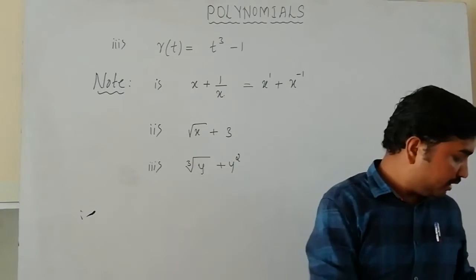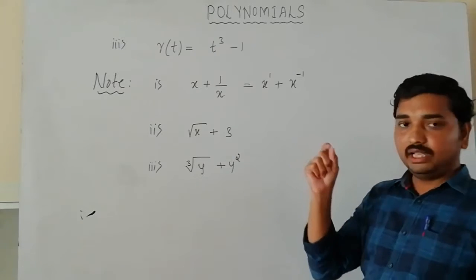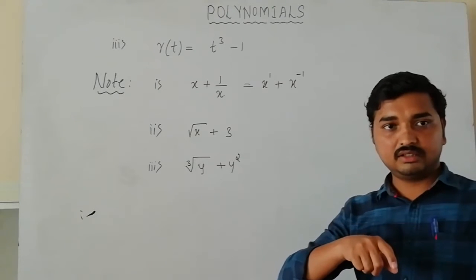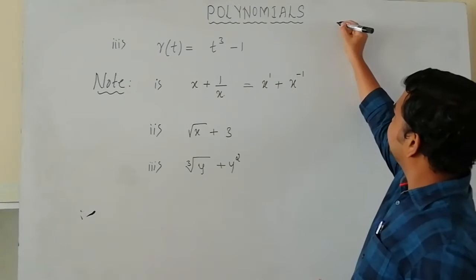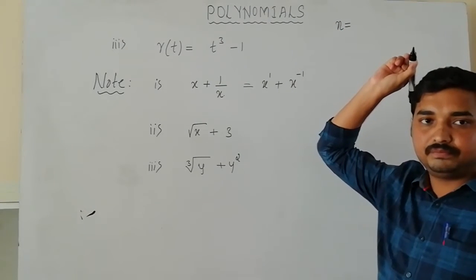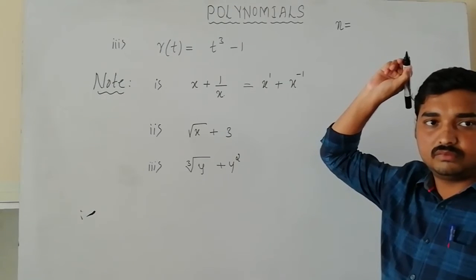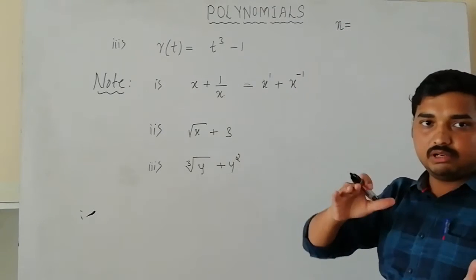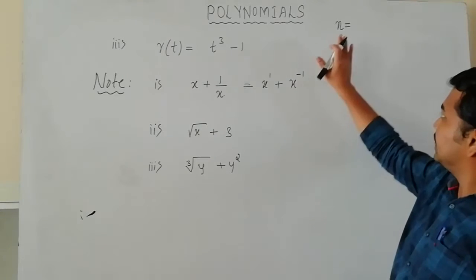So look, when I was defining polynomial, I told you, the exponent of x, it is actually n. Okay, mute your audio, just listen to me. In the beginning of the definition I told you the exponent of x is in general n.